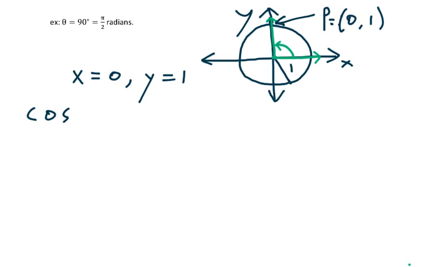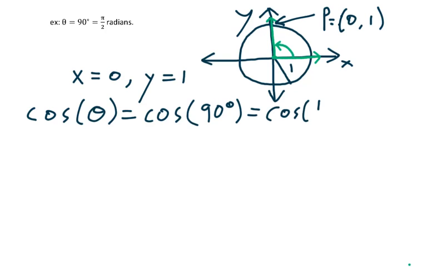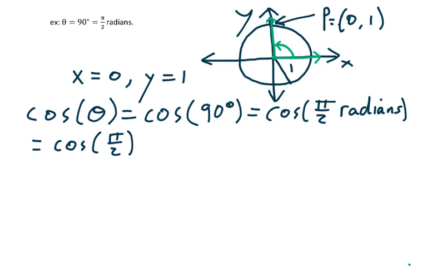So cosine of our angle theta, which is equal to cosine of 90 degrees, is equal to cosine of pi over 2 radians. Okay? And by definition, that's just cosine of pi over 2, and that's equal to the x coordinate, which in this case is 0. So we get 0 here because it's equal to x, the x coordinate.